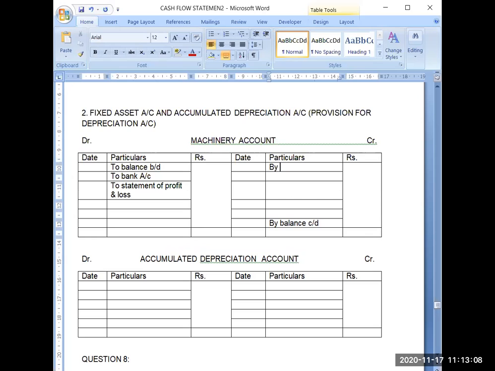Then by bank account, the entry will be for sale. Here instead of writing depreciation, we will be writing by provision for depreciation, or you can write by accumulated depreciation.